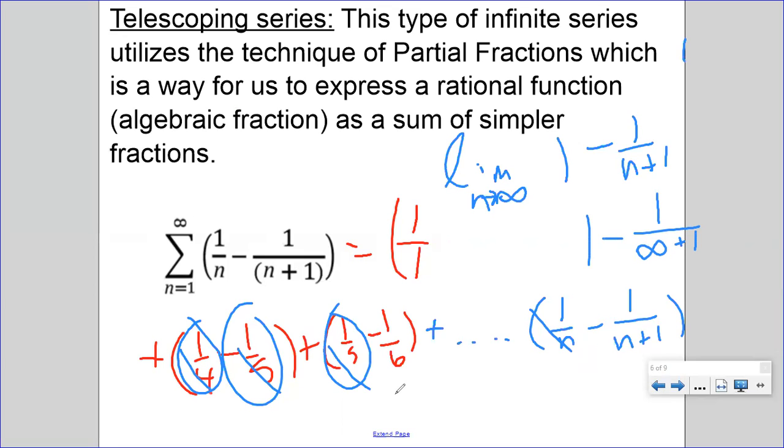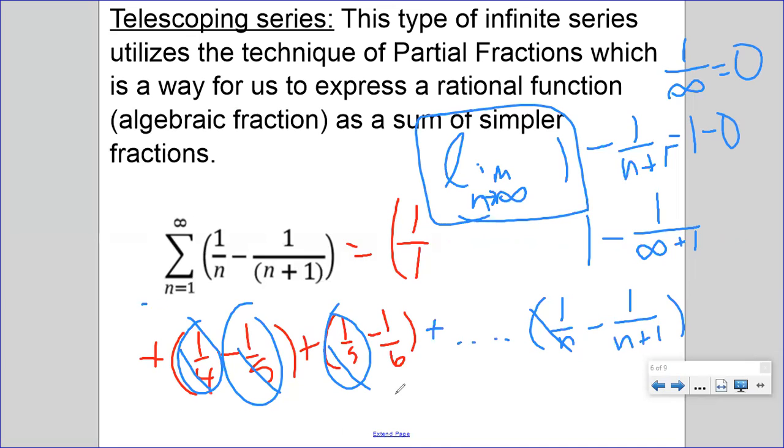What does 1 over infinity simplify down to? Yeah, that's just 0, right? If you take 1 divided by an infinitely large number, you're going to end up with 0. So this is just 1 minus 0, which is 1. So this whole thing simplifies down to 1.